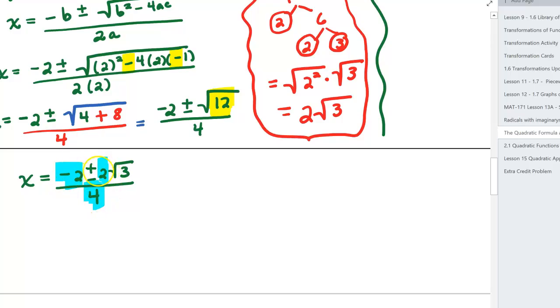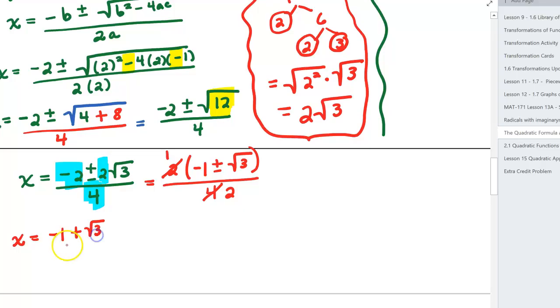All three of those are divisible by 2. So that's going to give me 2, if I pull that out front, times negative 1 plus or minus the square root of 3 all over 4. So this 2 cancels to 1, that 4 cancels to 2. So I have two answers, x equals negative 1 plus the square root of 3 over 2, or x equals negative 1 minus the square root of 3 over 2.